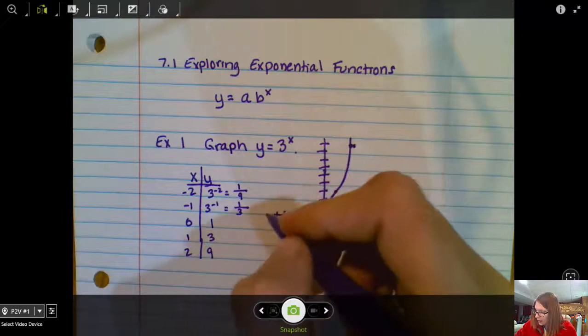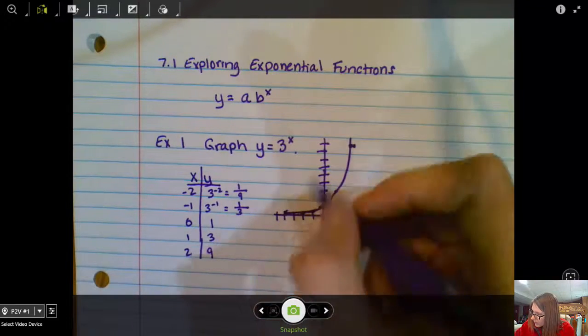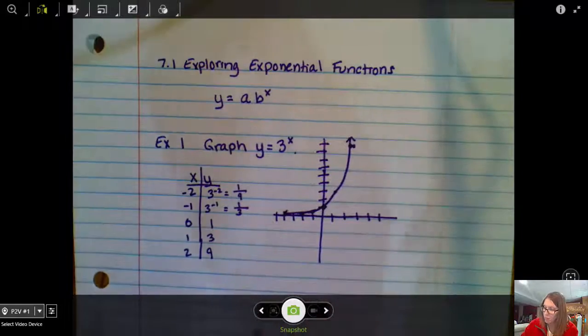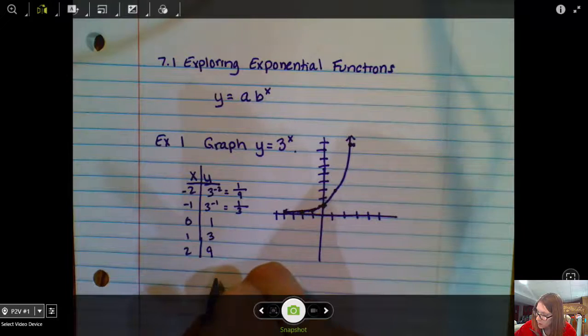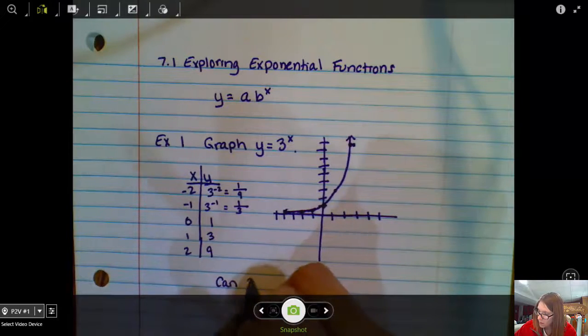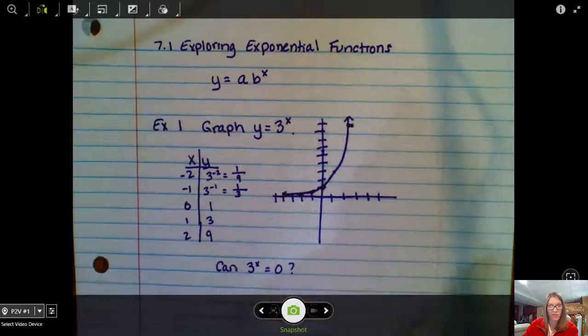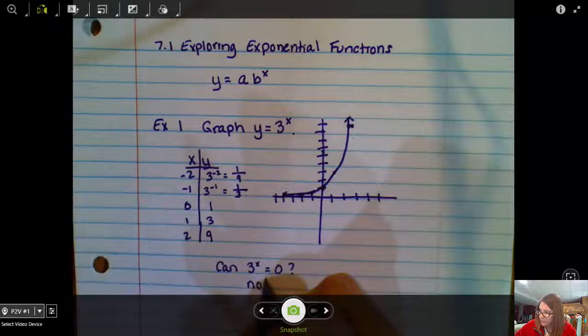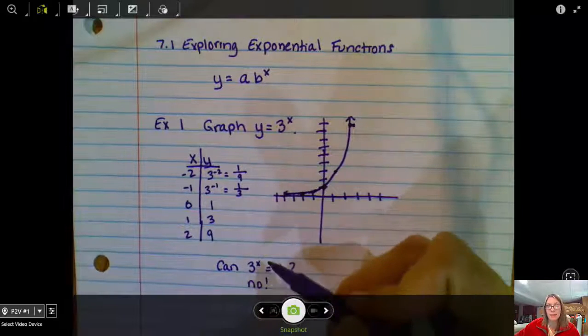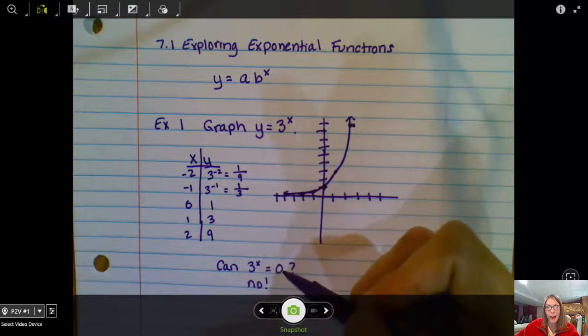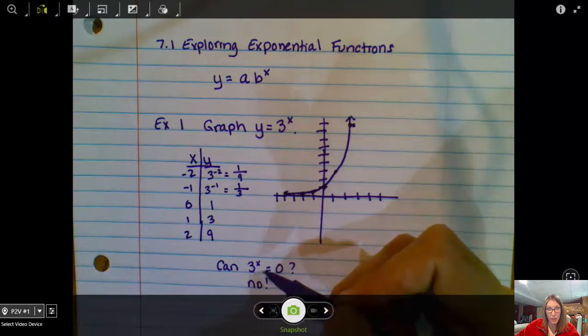Okay, now something to think about. Is our y value ever going to be 0? So can 3 to the x power ever equal 0? Oh, no. Because 3 to a positive power is going to be positive. 3 to a negative power, we'd have a fraction, and 3 to the 0 power is 1.